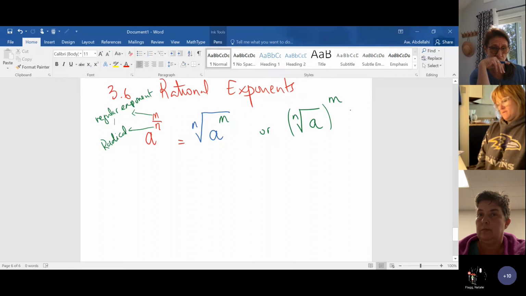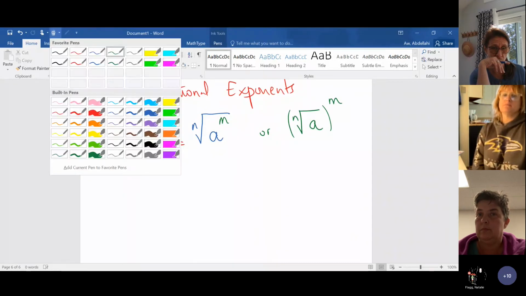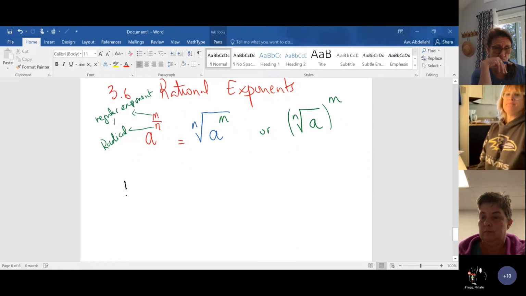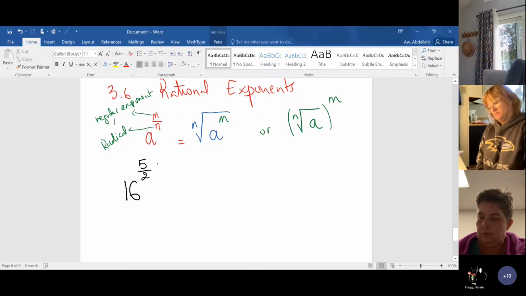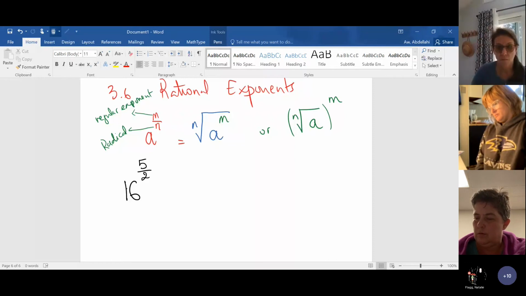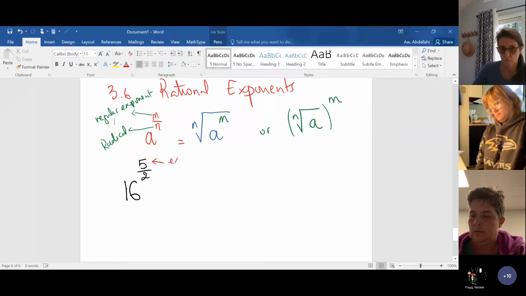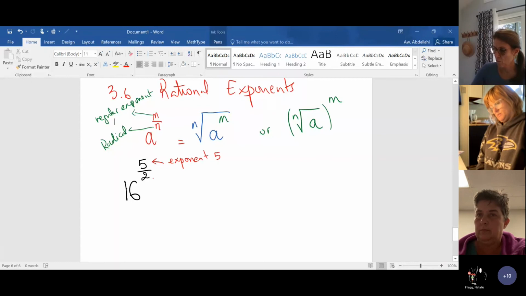For instance, we say 16 to the 5/2. How to calculate 16 to the 5/2 power? The 5 here is a regular power, and the 2 is the square root.